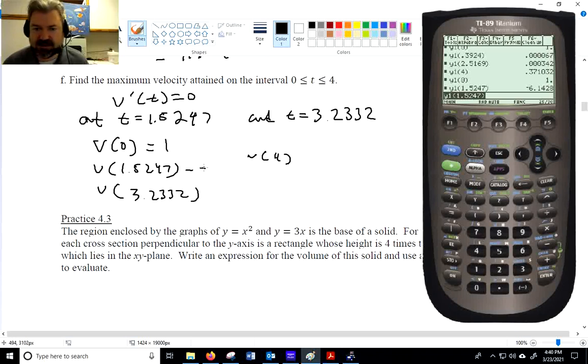And we get negative 0.61, negative 6.143. And now we'll try 3.2332.